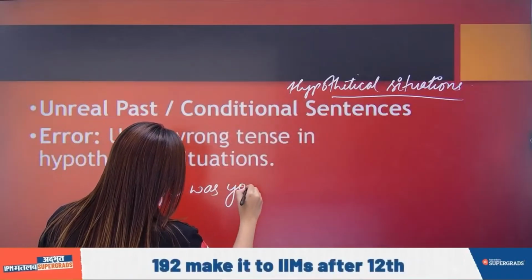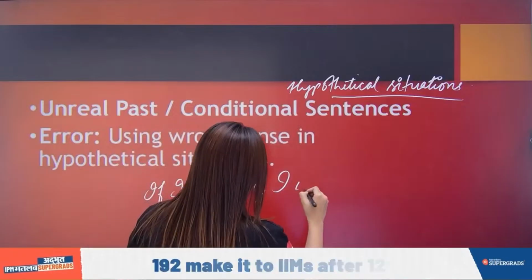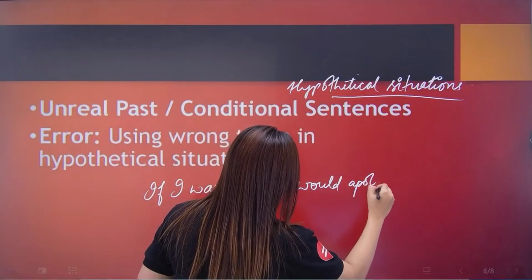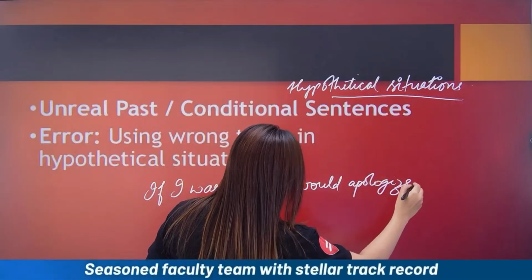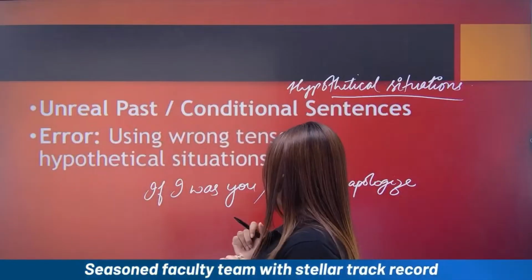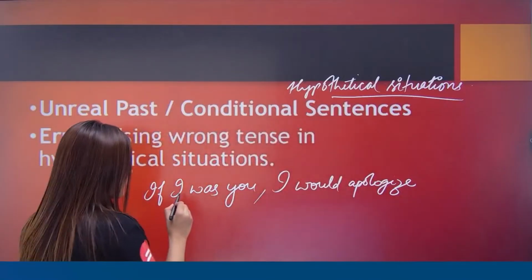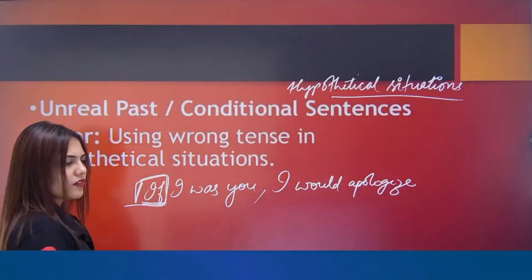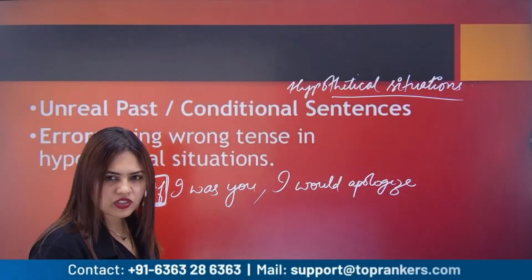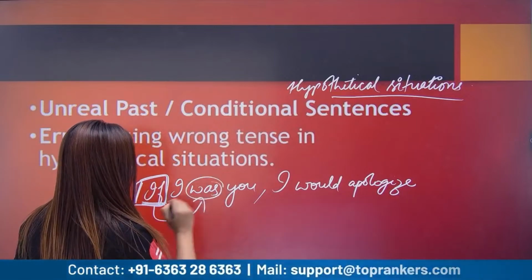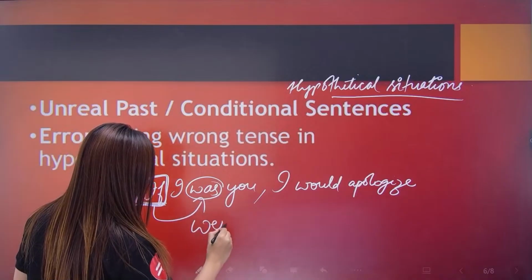If I was you, I would apologize. Okay, but can I become you? Obviously not, simple thing. So always remember, in hypothetical situations or conditionals, conditionals usually begin with if, because there is a condition in it. So as soon as you see a sentence with if, was changes to were.